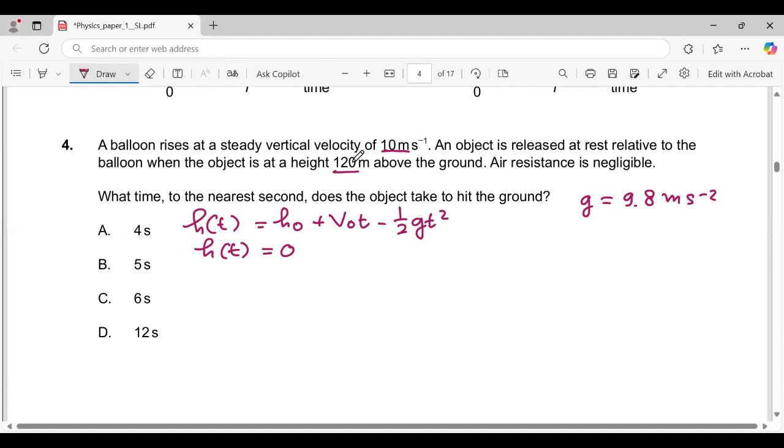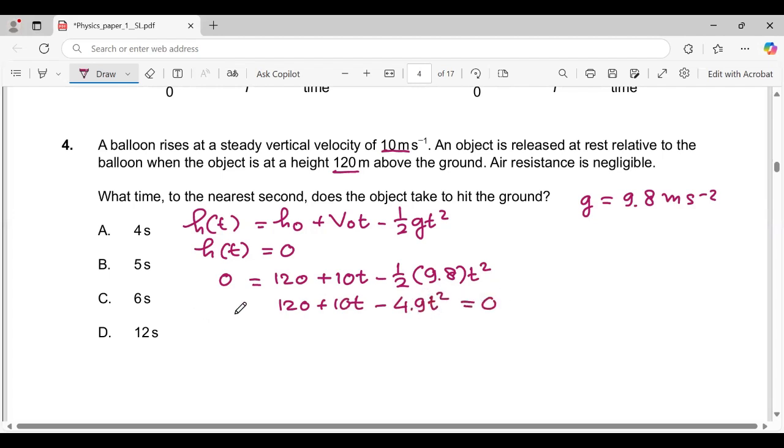Substituting this information into the equation, 0 equals 120 plus 10t minus 1/2 times 9.8 t squared. It becomes 120 plus 10t minus 4.9 t squared equals 0.